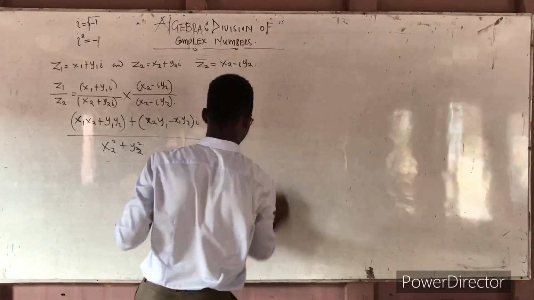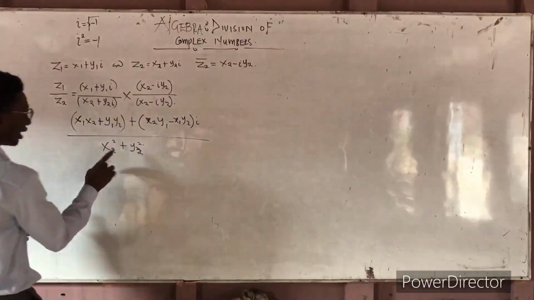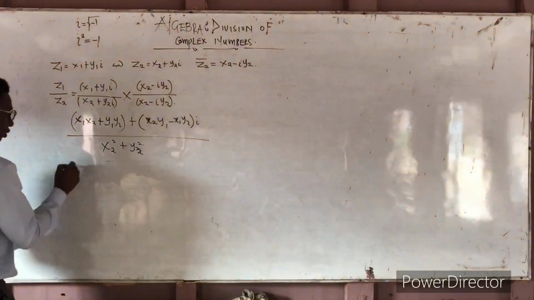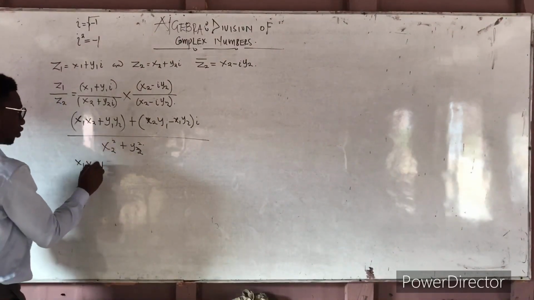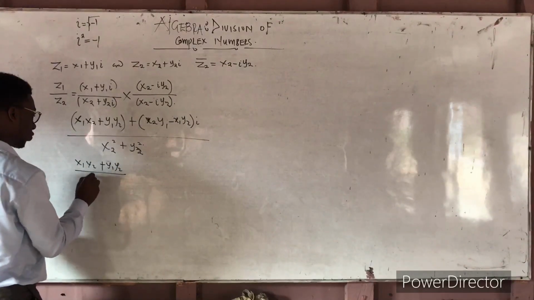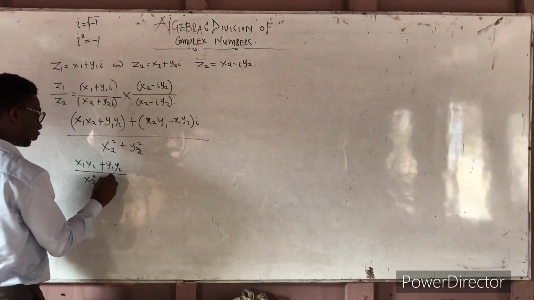So now when you get this, you can separate this into the real part and the imaginary part. The real part is x1 x2 plus y1 y2, all divided by x2 squared plus y2 squared.